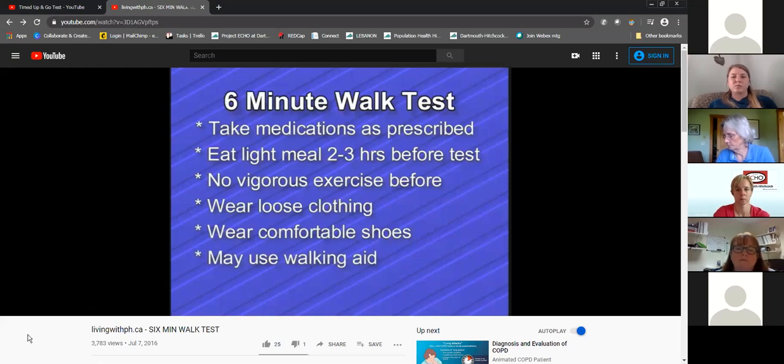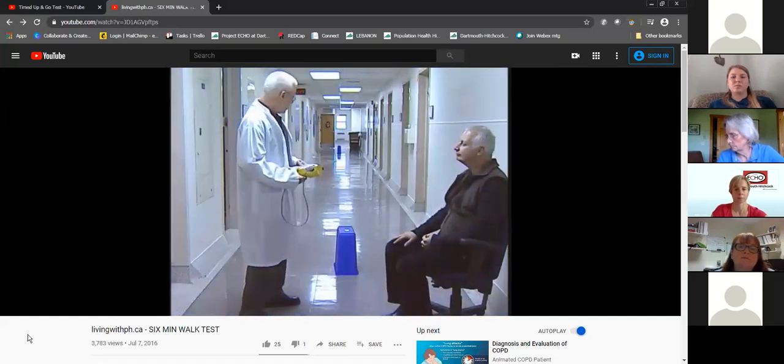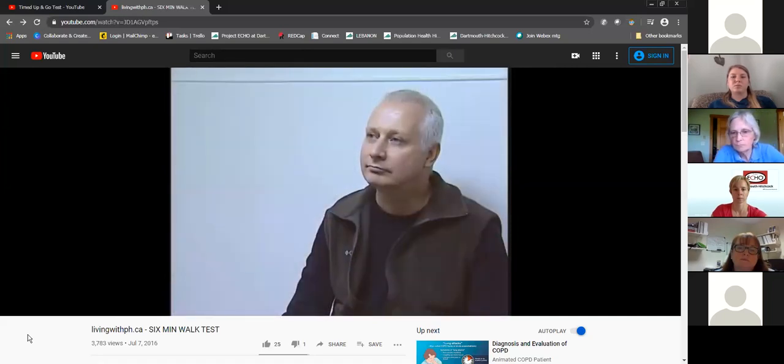You may use a walking aid if it makes you feel safer or more steady, such as a cane or walker. If you normally use oxygen to walk, you may perform the test while you are wearing oxygen. You may need to carry or push your oxygen tank. A technician will carefully explain the test to you and ask if you have any questions.